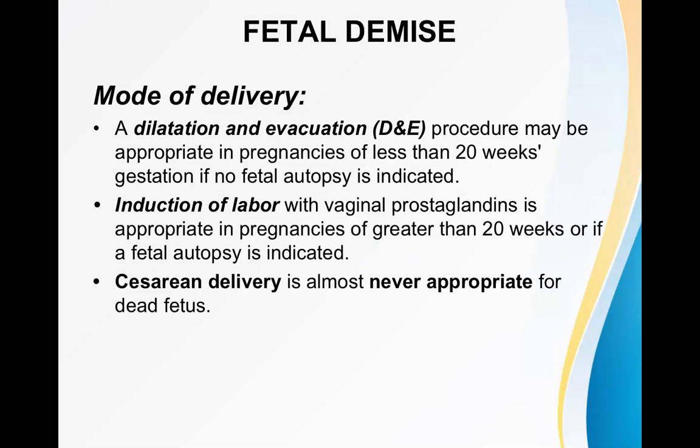So it is altogether going towards the management of abortion. So during that time, D and E may be appropriate. After that, induction of labor is a preferred way if it occurs later than 20 weeks. And induction of labor is done with vaginal prostaglandins.